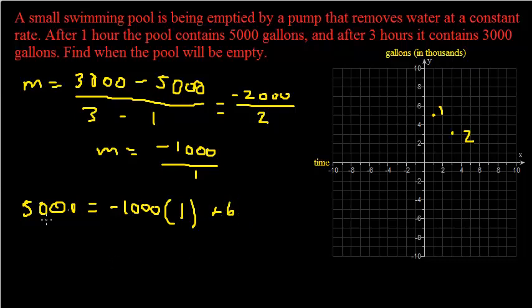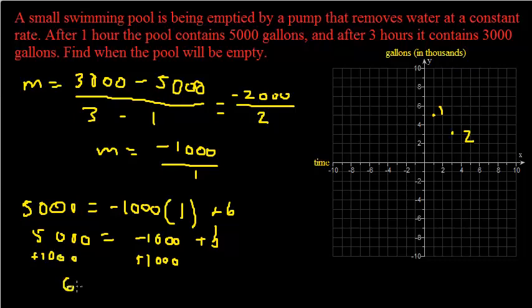If we solve this, we have 5,000 equals negative 1,000 times 1, which is just negative 1,000, plus b. We add 1,000 to both sides, and we have 6,000 equals b, which tells us the equation for this information is y equals negative 1,000x plus 6,000.